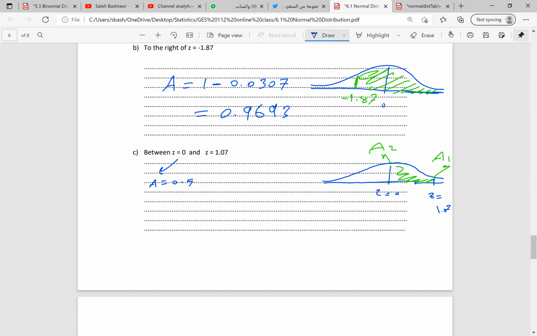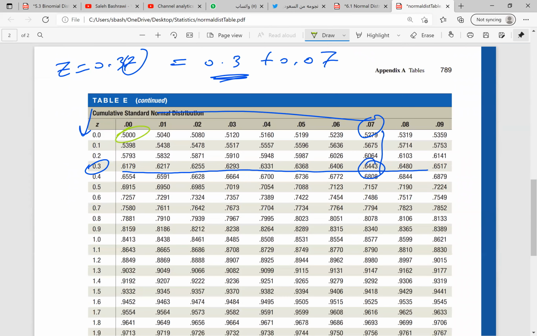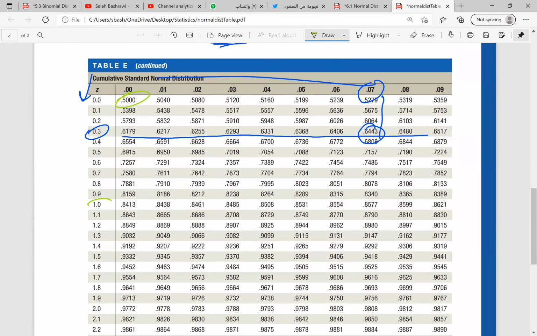Now I need to find the second area, which is when z equal to 1.07. This is positive, so we go for 1.0 and 7. So it is this one, which is 0.8577.